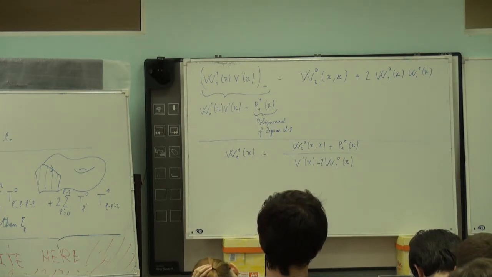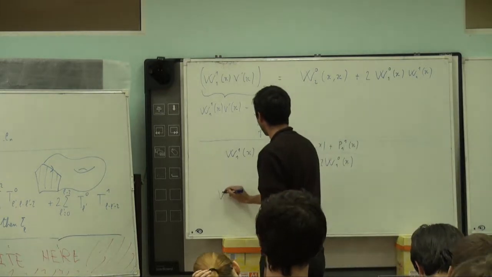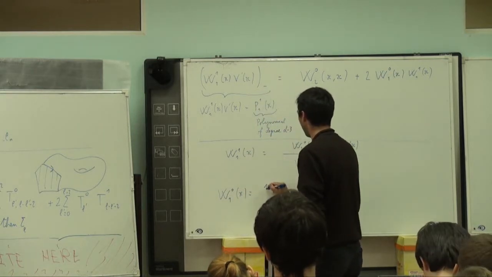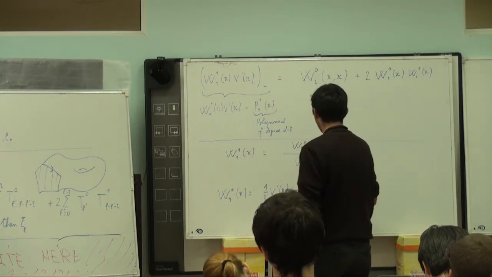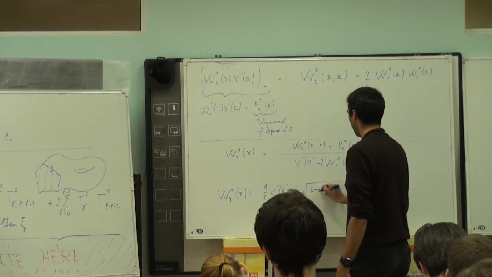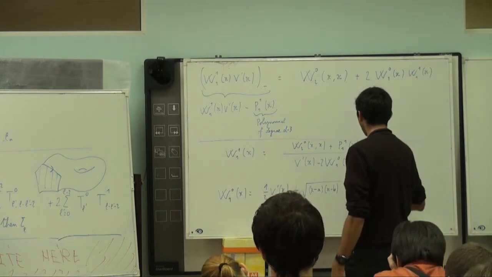One of the problems is that we don't know P_1^1 of x. One thing we know is that W_1^0 of x was one half of V'(x) minus the square root of, I wrote it this way, (x minus a)(x minus b) times some q of x.